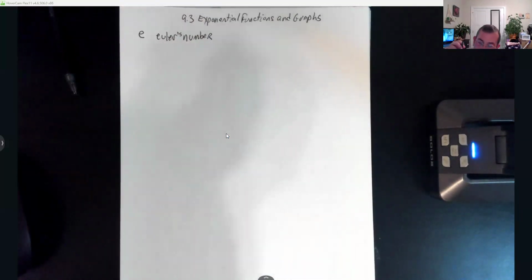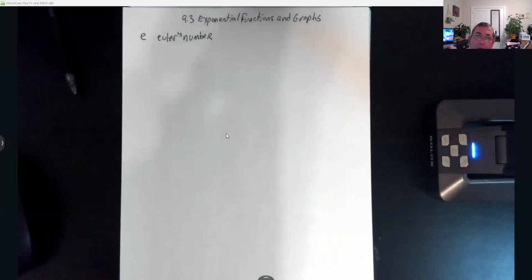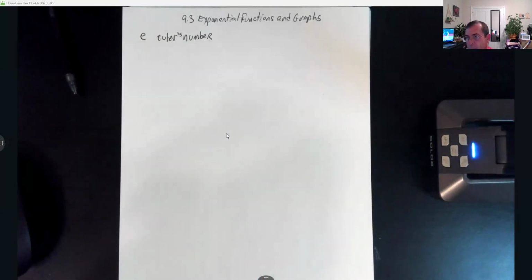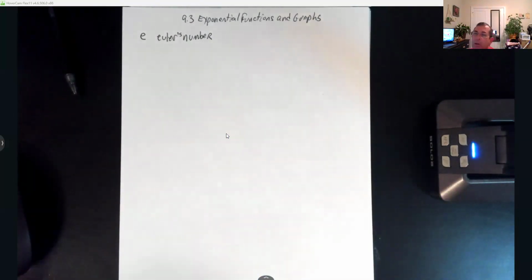I'll show you what that is on your calculator. This is the constant they use when they're doing interest type problems, when you're dealing with continuous compounding, and we'll see that later on in the chapter. They use e in those kinds of formulas.